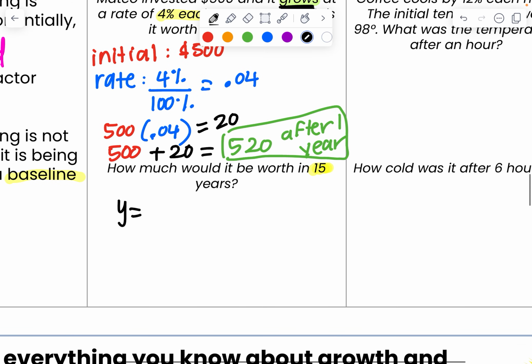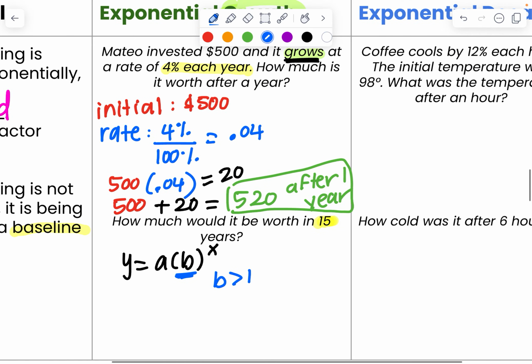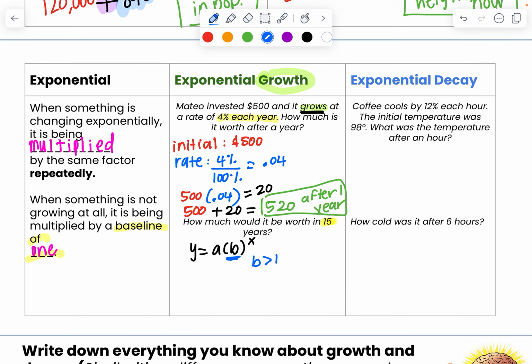If I'm thinking of it in context of A times B to the X, we know that this is growth, right? So my base right here is going to be a number bigger than 1, and it's growing by that 4% rate, right? So coming back to my baseline of 1, I'm multiplying by the same factor repeatedly. I'm going to start with my initial amount, my $500.